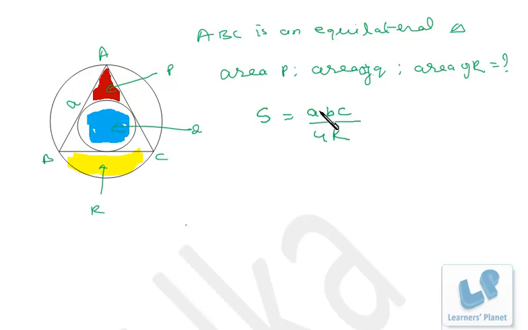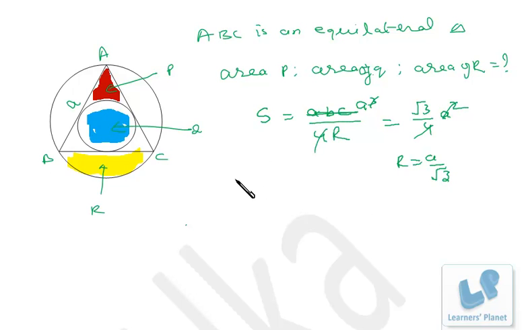Here, since this is an equilateral triangle, it will be A cube only, right? So A cube by 4R, and for an equilateral triangle, what is the area of that? That is root 3 by 4 side square. Side is what? A. Okay. So R is actually A by root 3. That is the circumradius we got in terms of side.